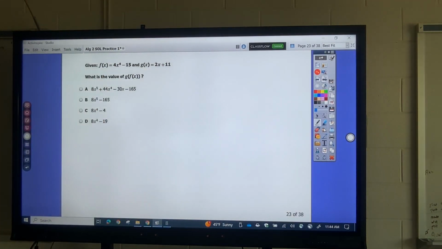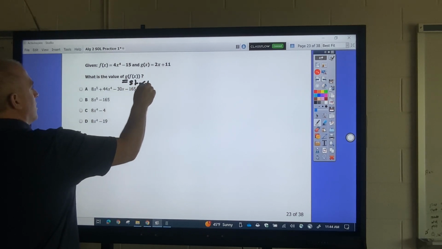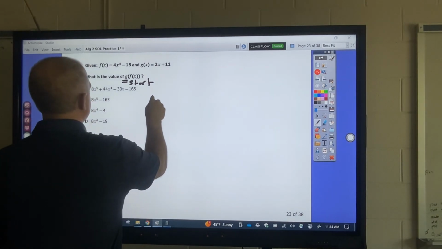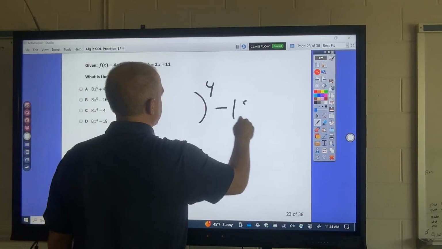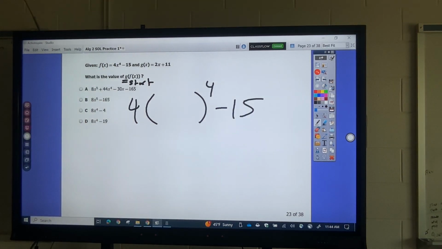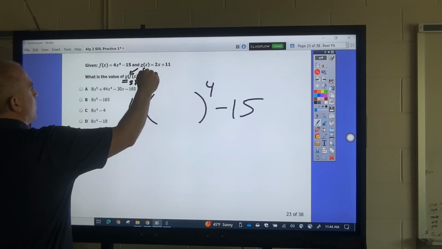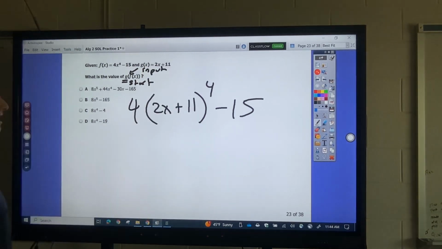Okay, g of f of x. So this is the function you start with. You start with the g function, so you do x to the 4th minus 15. Then I'm going to input this function, 2x plus 11.